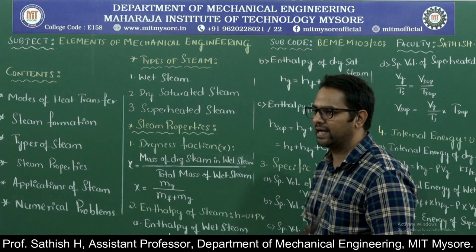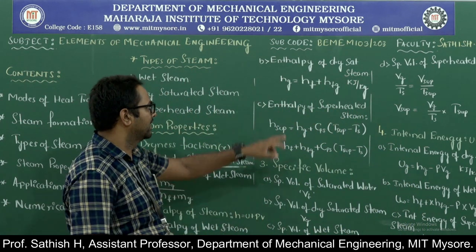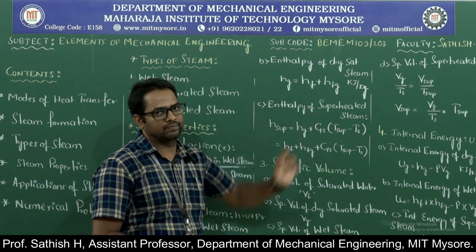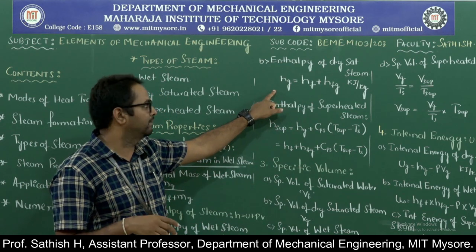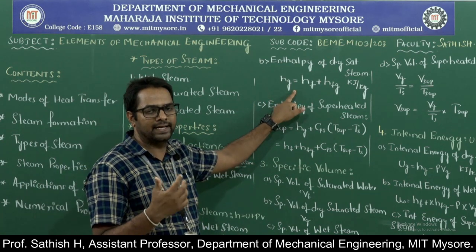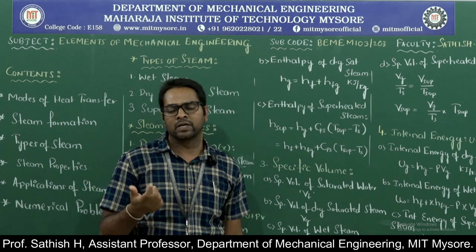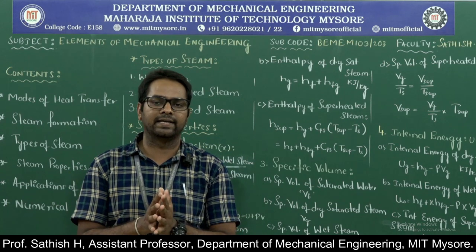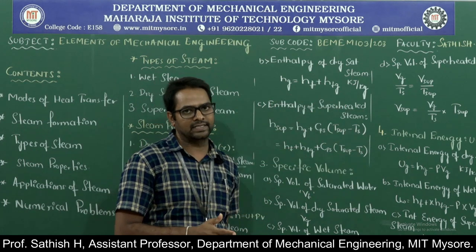We have an equation to calculate it, given by Hg is equal to Hf plus Hfg. Hg is the enthalpy of the dry saturated steam, which is equal to the summation of Hf, the sensible heat, plus Hfg, the latent heat of evaporation. If you add the sensible heat and latent heat of evaporation, you will get the enthalpy of the dry saturated steam.